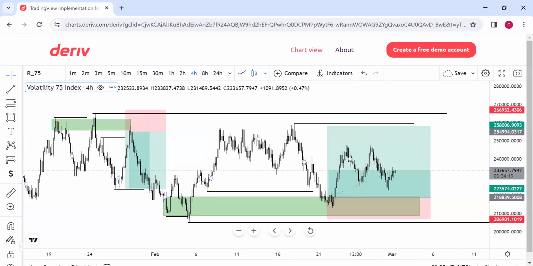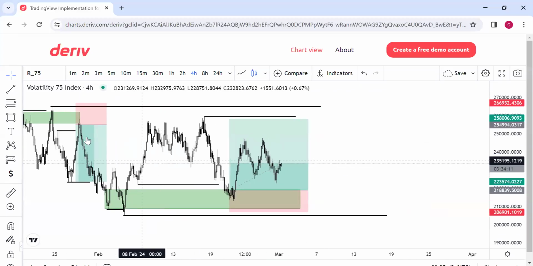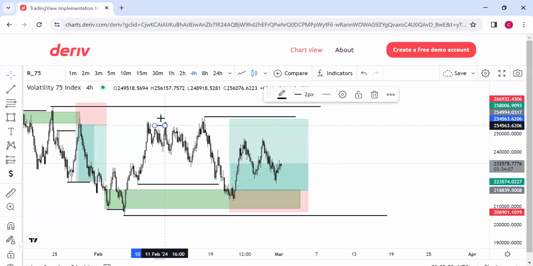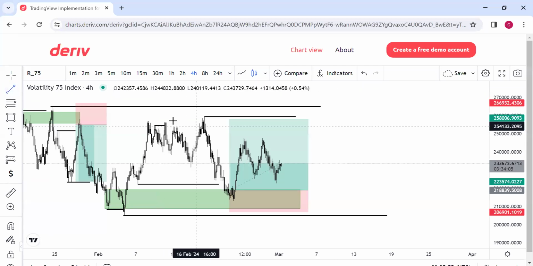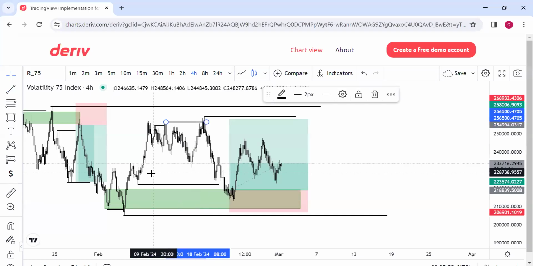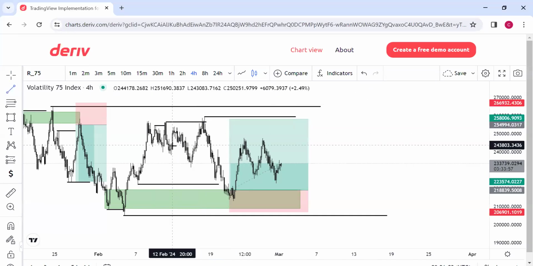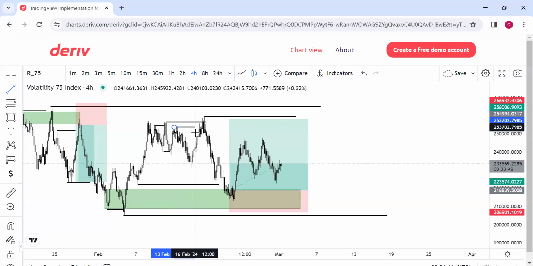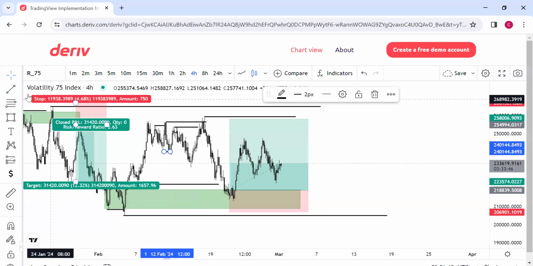All right, 4 hours time frame. What are we seeing on the 4 hours time frame? We saw that price took out liquidity here. Then this was a protected high. Then this was the break of structure, which means this was a structural liquidity that was taken out.